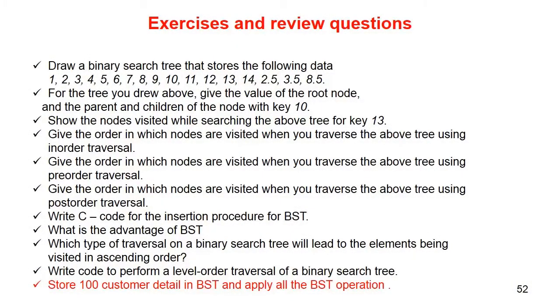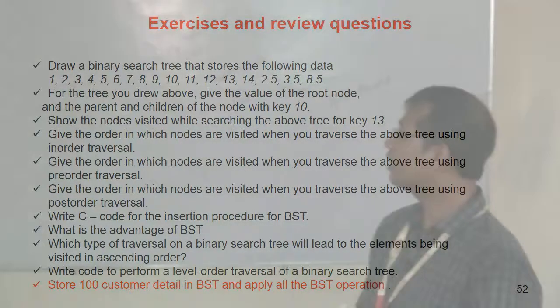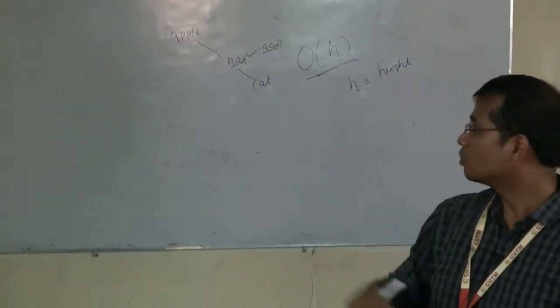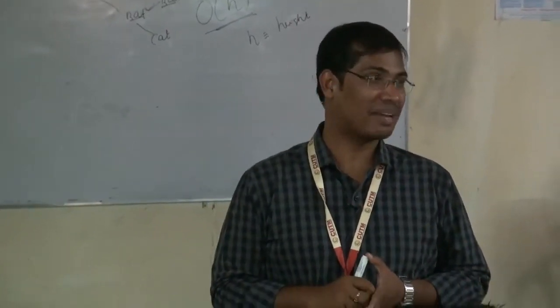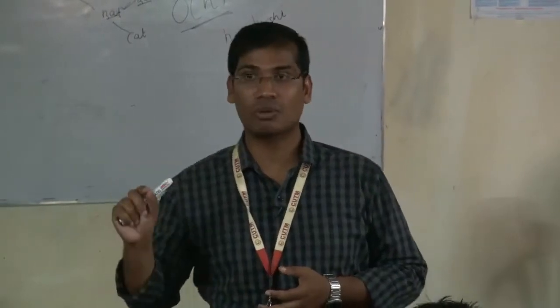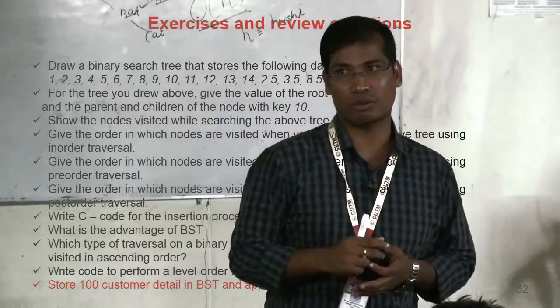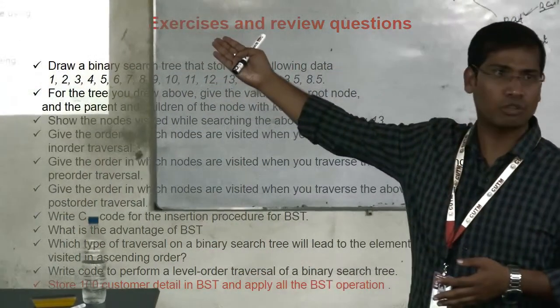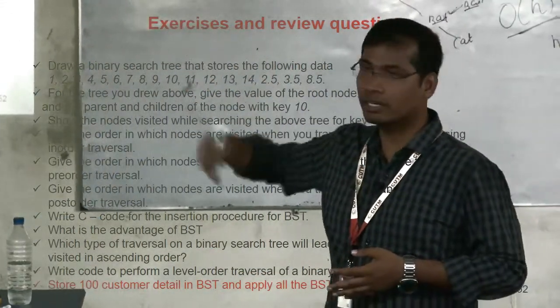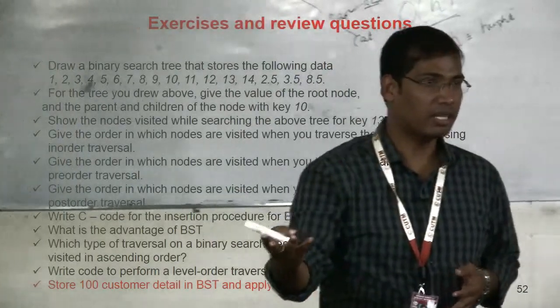Okay. So this is the last slide, where there are some exercises and review questions. I hope you can do all the questions except the last, because the last question is project based. Read the first one. Can't you solve it? A sequence is given. Find the BST.